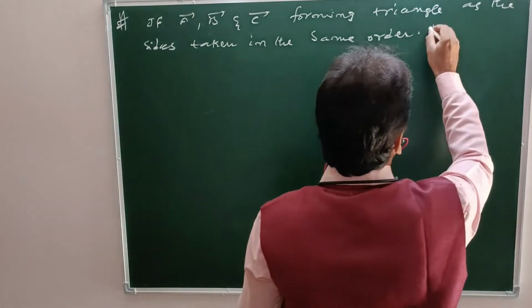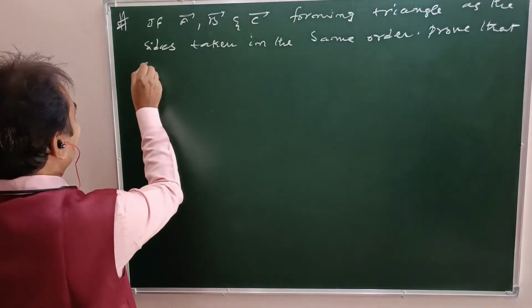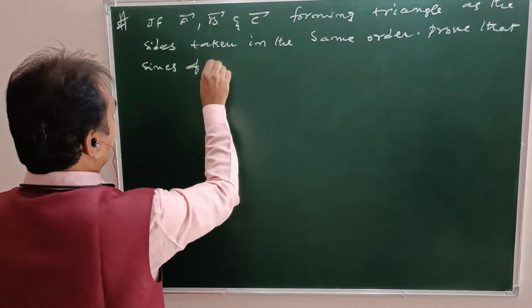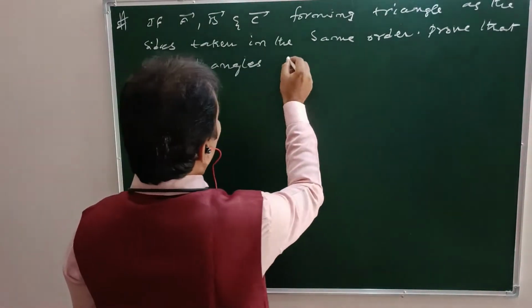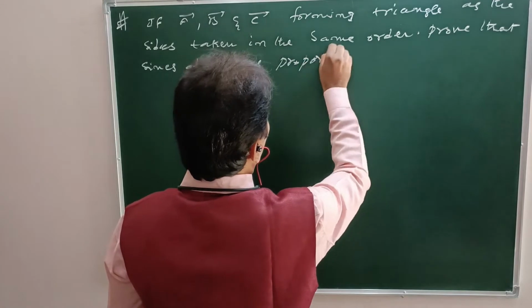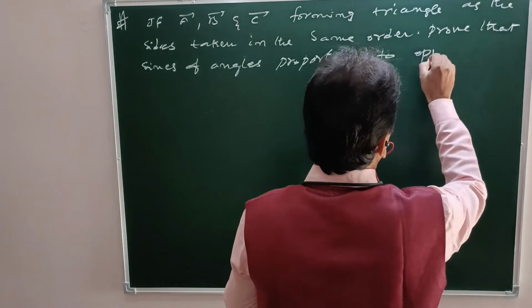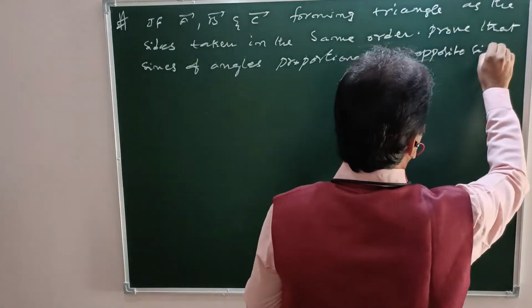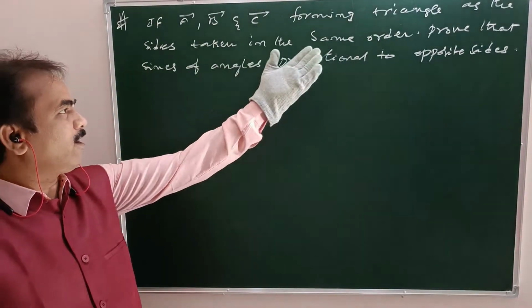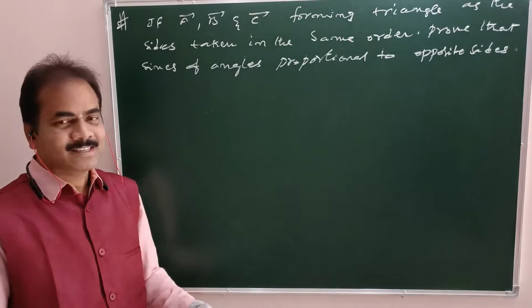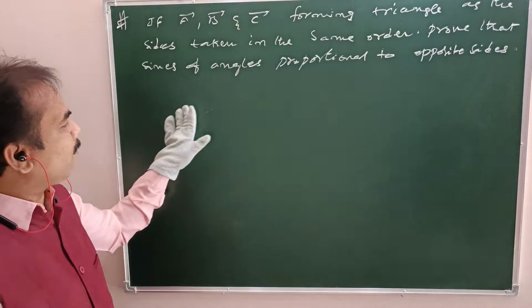Now prove that sines of angles are proportional to the opposite sides. Okay, this is the given sum.